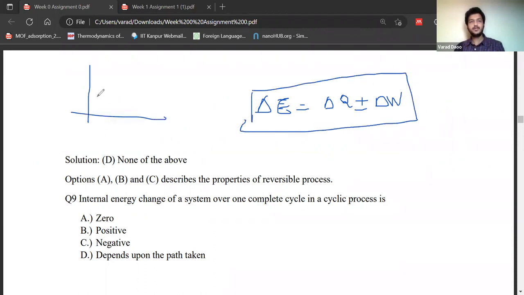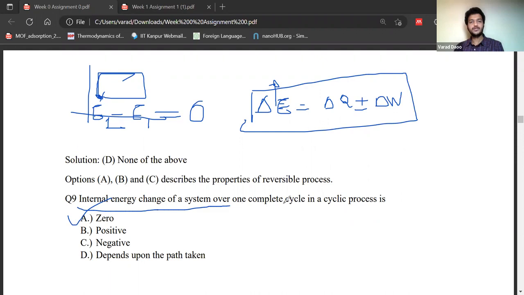As the system is coming back to its initial position, delta E, which is a state function, depends only on the initial and current state. When it is starting, its internal energy is E1, and when it comes back to its initial position, its energy is again E1. So the change will be 0, right?